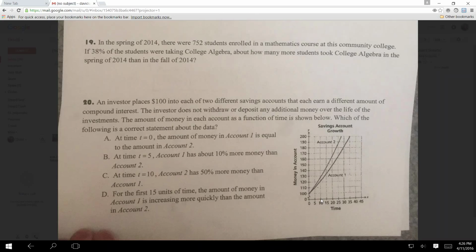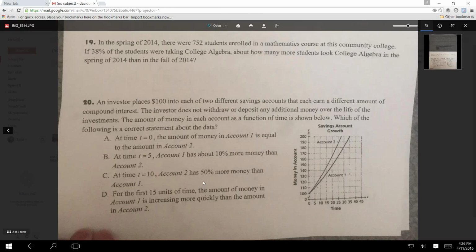Well, account 2 looks like it has about 125. Account 1 looks like it has about 120. There's account 2, close to 125, maybe 128. There's account 1. It's got exactly 120 in it. So it's nowhere near 50% more.